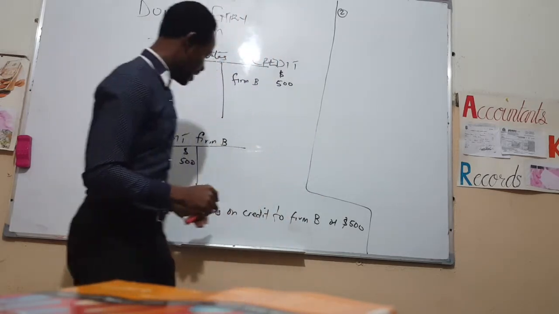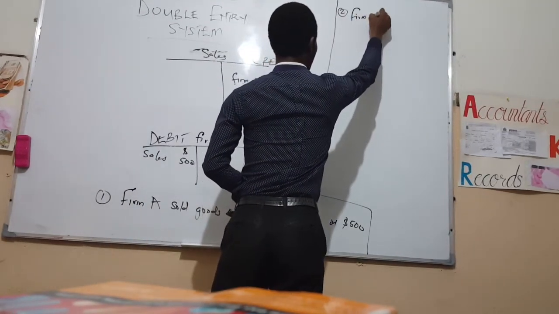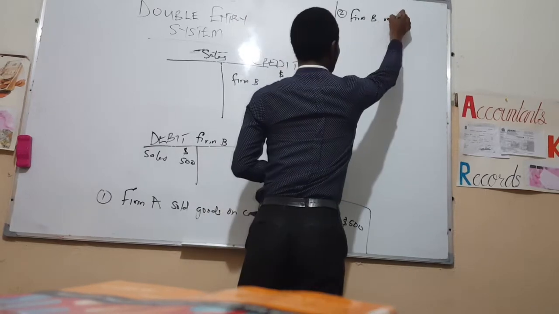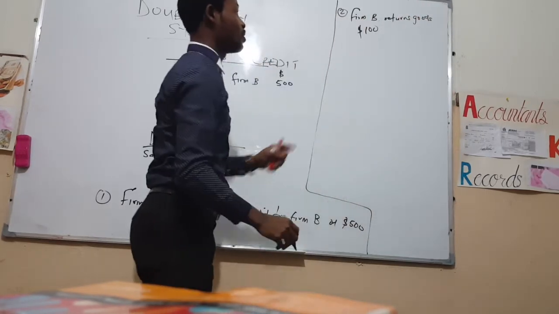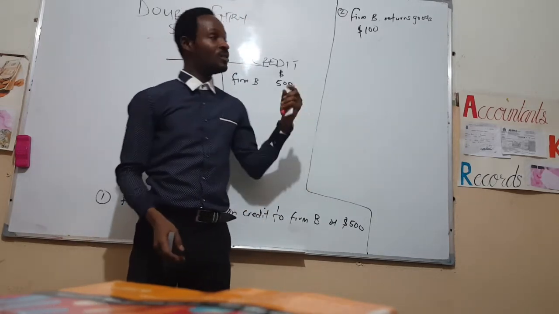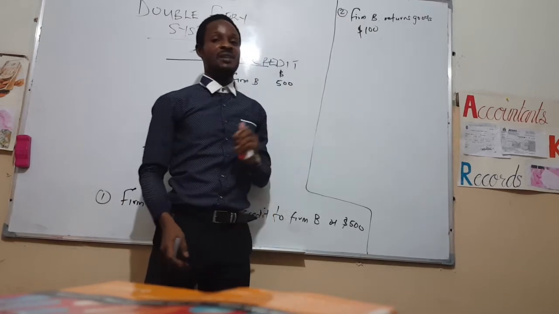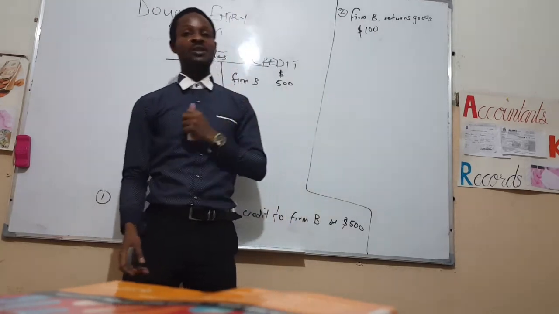And in the next example, firm B, the purchasing firm, returns goods of $100 to firm A. Because goods were returned by firm B, in this transaction, firm B is the one giving out goods.